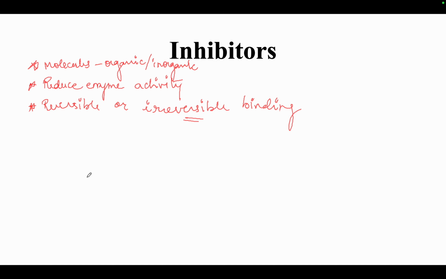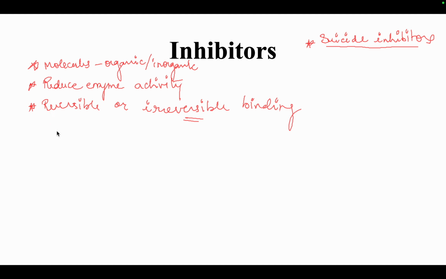There is a change in the conformation, and those inhibitors are known as suicide inhibitors. These are widely used in enzymology to study enzyme function, how the enzyme catalyzes activity, and what the mechanism of enzyme catalysis is.